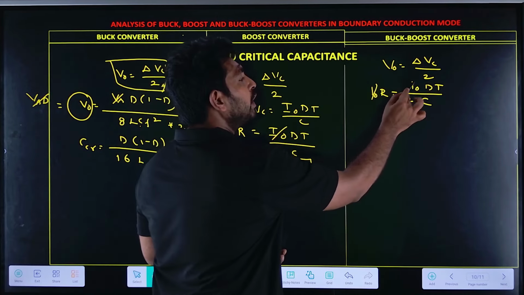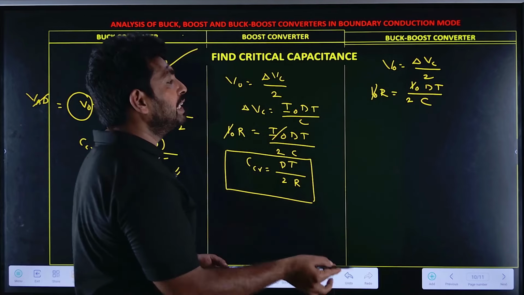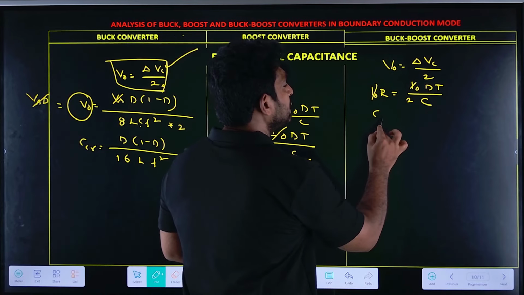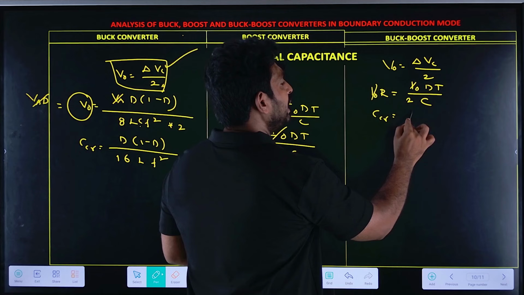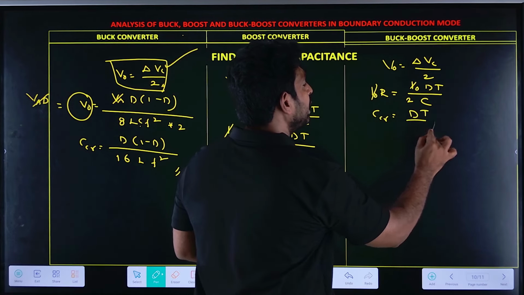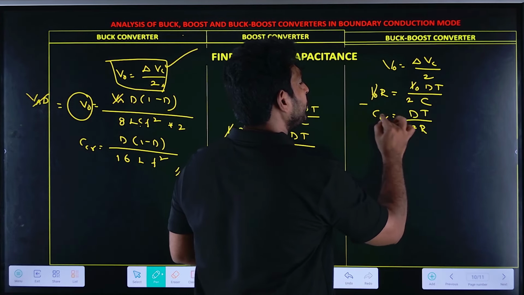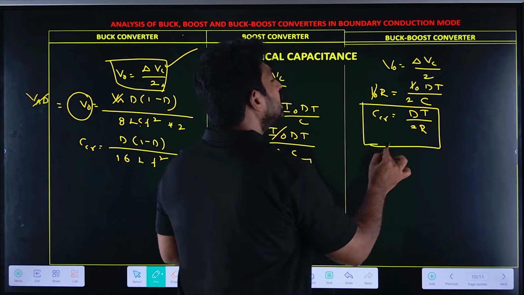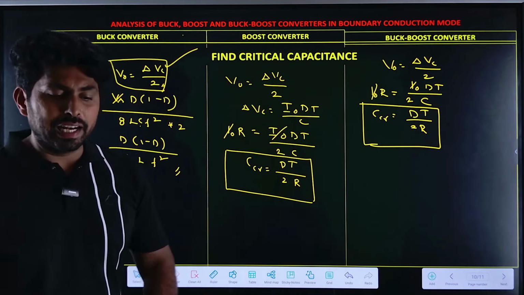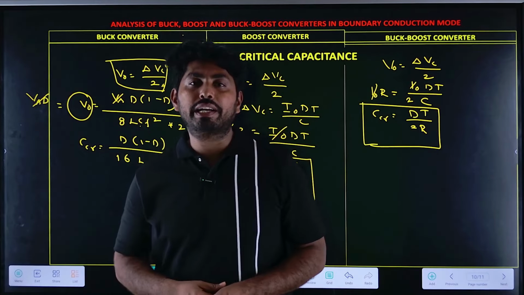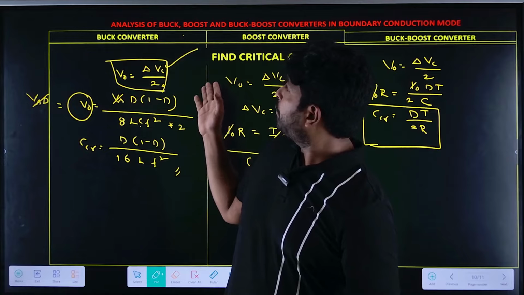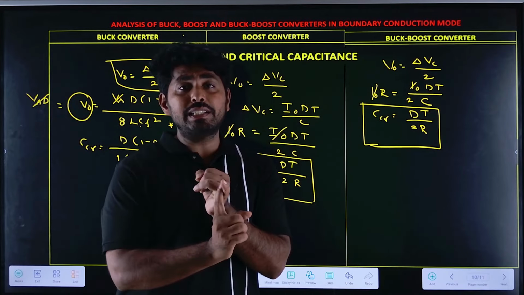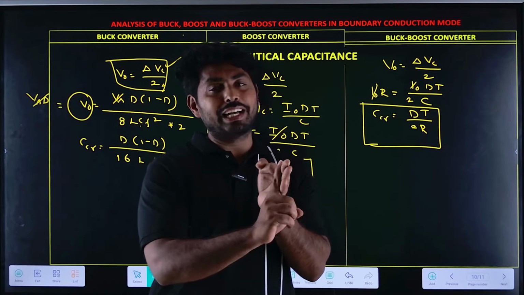I naught and I naught get cancelled out. From that, C critical equals d into t divided by 2 into R. This is how you can find the critical capacitance. So here we found the critical capacitance, critical inductance and the critical resistance.